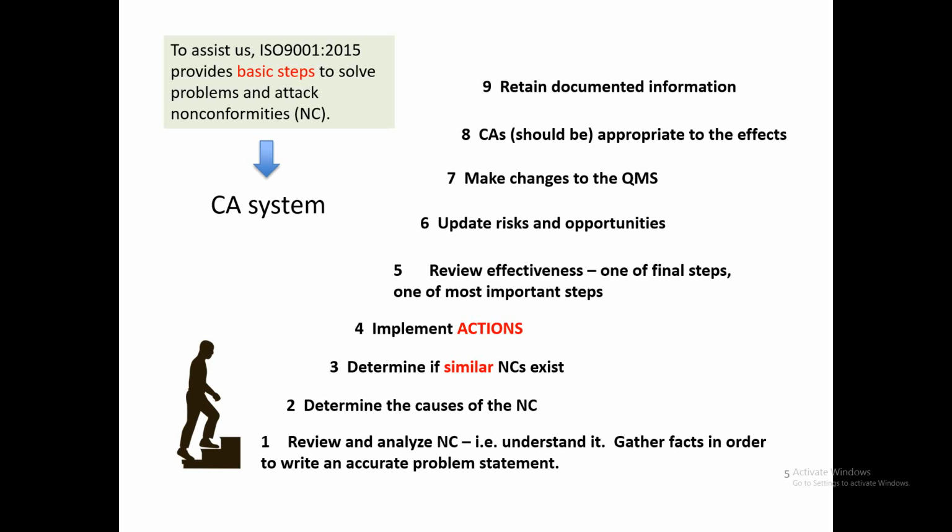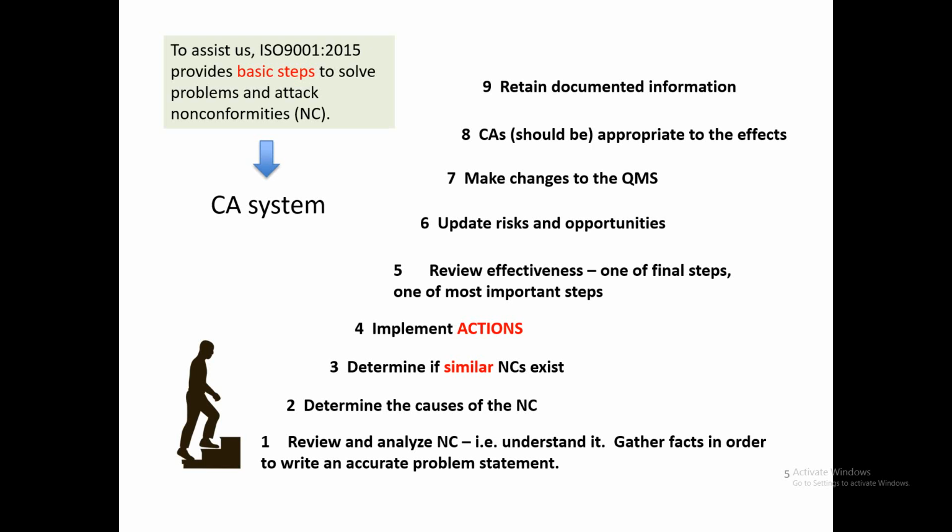You have to understand your problems. 2, determine the causes of the NC. 3, determine if similar NCs exist in other departments. Maybe we've been receiving the same training from the same training suppliers. These are not very good suppliers of training, so the whole organization suffers because of these training providers.